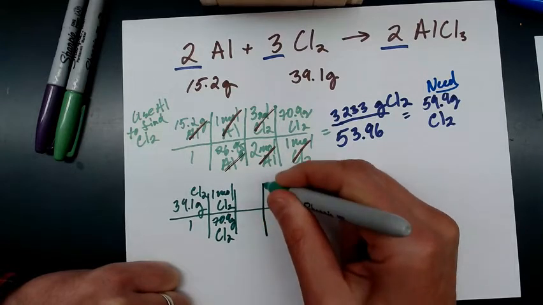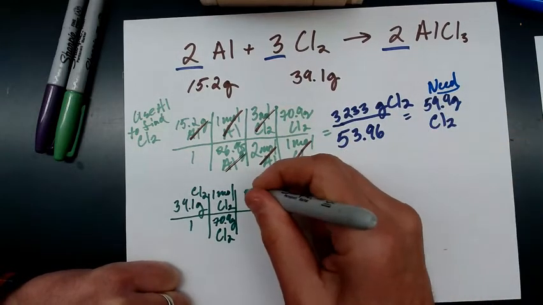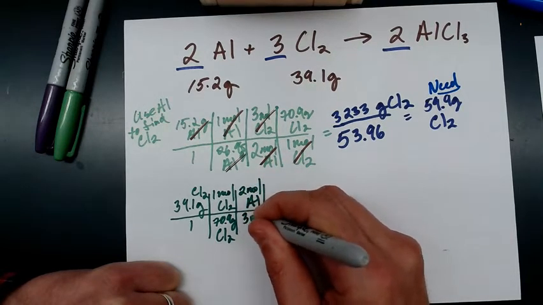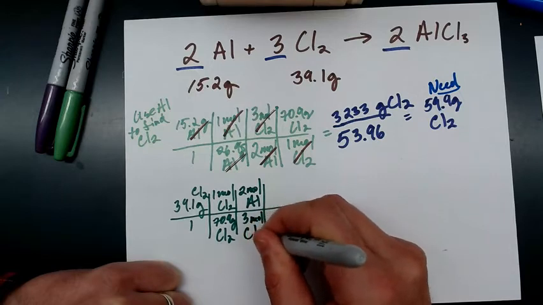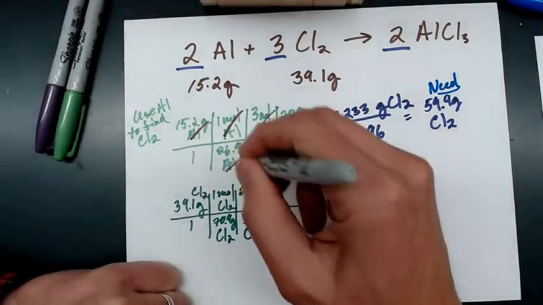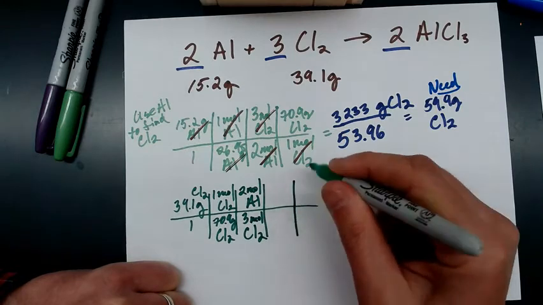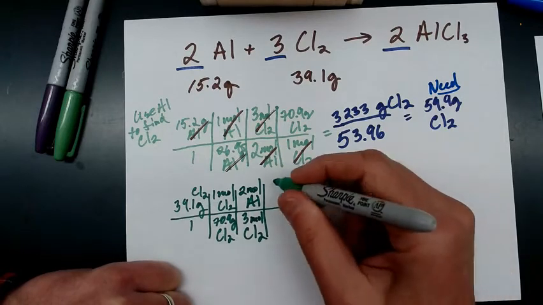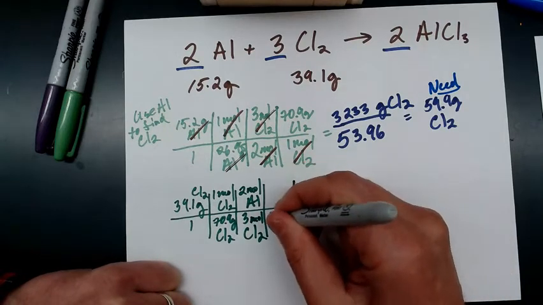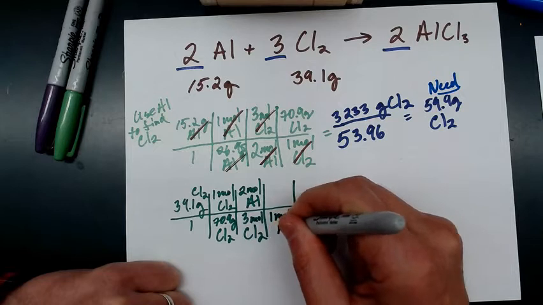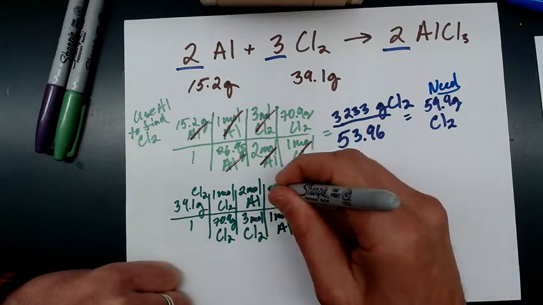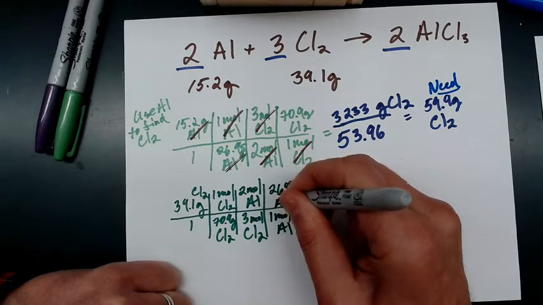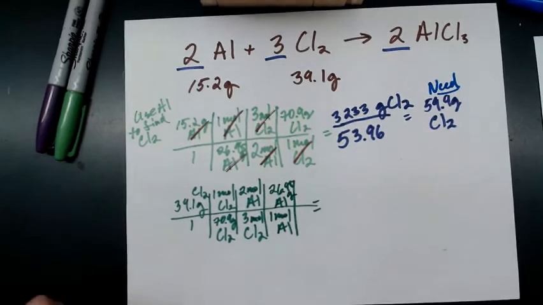And I'm going to use this relationship, but I've got to flip it around because I need my 2 moles of Al on the top and my 3 moles of Cl2 on the bottom. And I'm going to use the molar mass of my aluminum. So if you notice, after the given, I'm flipping everything around and using it again. And then I need my moles of aluminum down here, and my molar mass of 26.98 grams of aluminum.